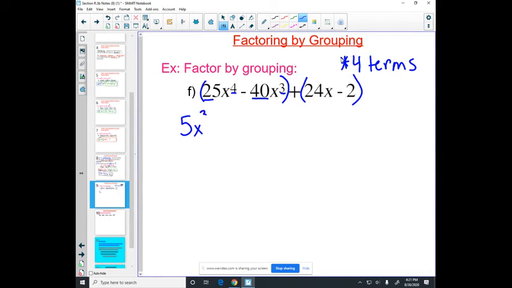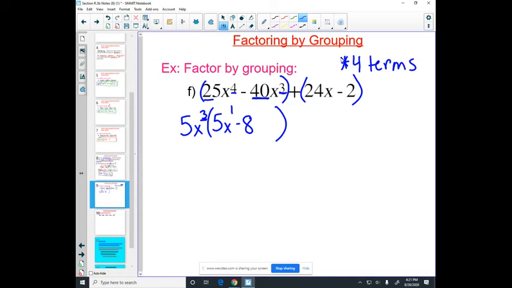So I'm going to pull out 3 x's and just divide. 25 divided by 5 is 5. 4 x's, but I pulled out 3, I'm left with 1. Negative 40 divided by 5 is negative 8. I had 3 x's and I pulled out all 3, so I don't need an x next to the 8 because I pulled out all my x's already.